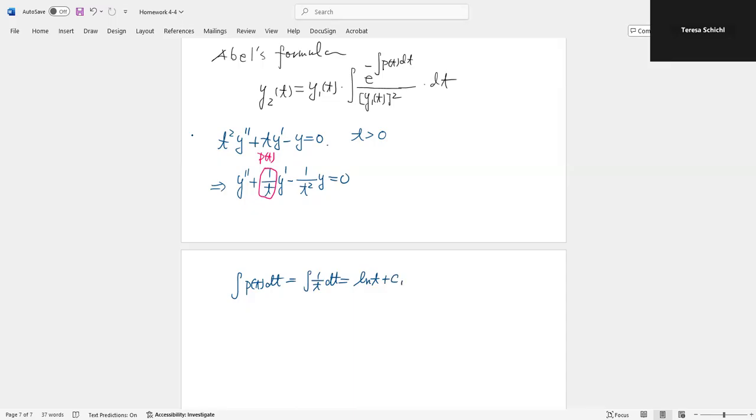The reason I can write ln(t) is that t is greater than 0, so I don't need an absolute value.